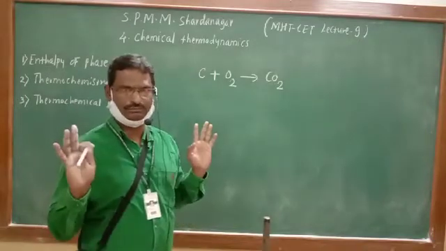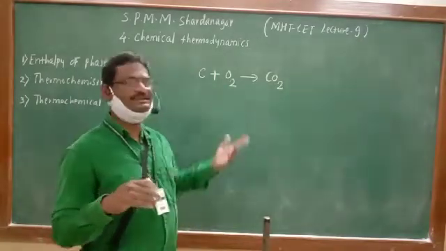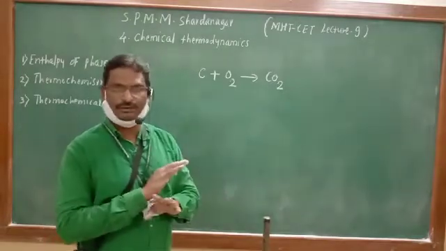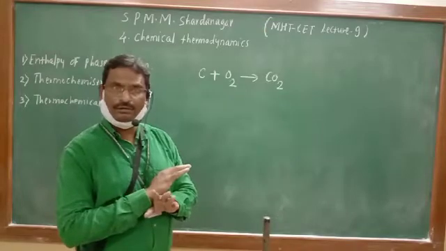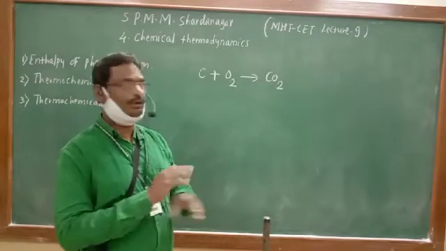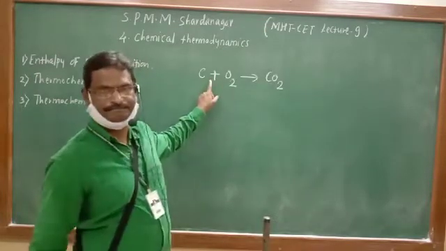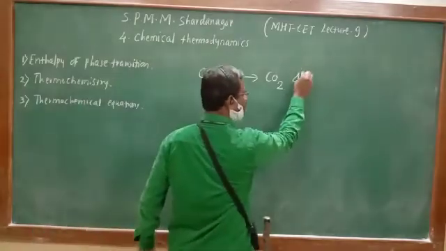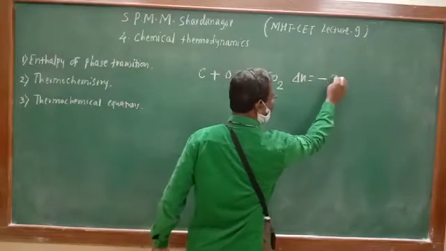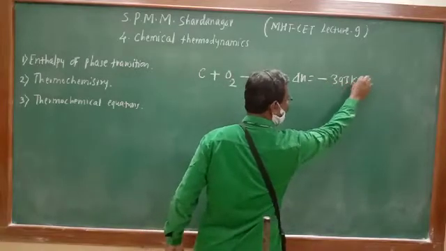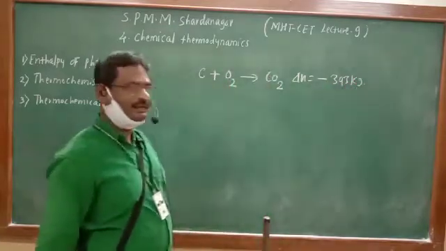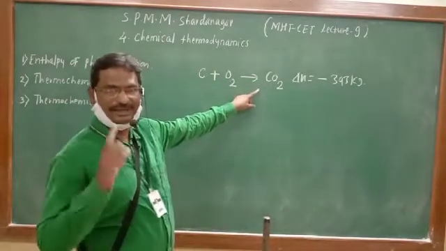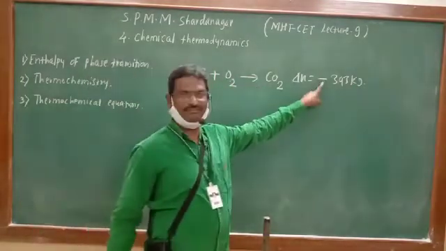No, not known. Whether this reaction takes place with absorption of heat or evolution of heat, we don't know from this reaction. But if I write delta H equals minus 393 kilojoule, now you can tell me the nature of the forward reaction. Is it endothermic or exothermic? Exothermic, because of the minus sign.